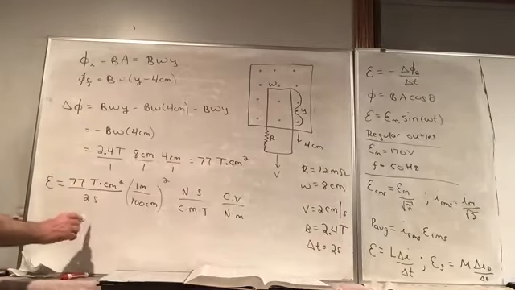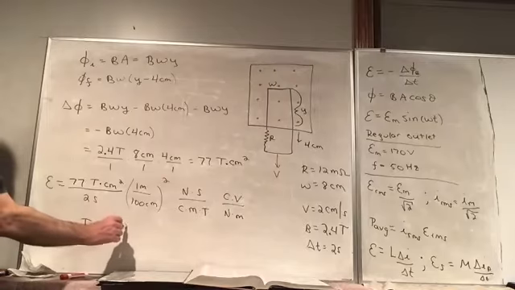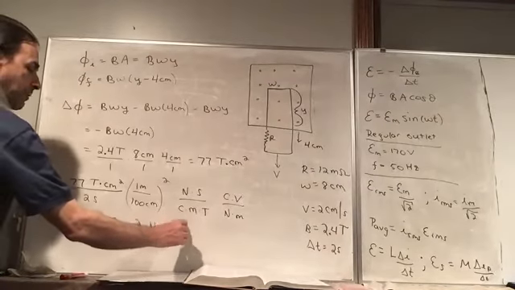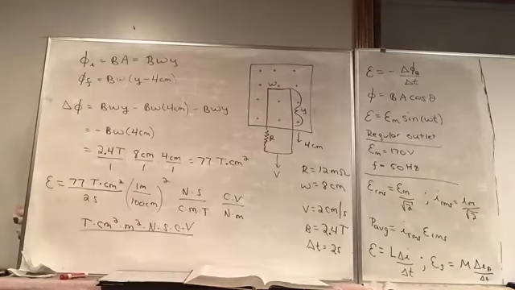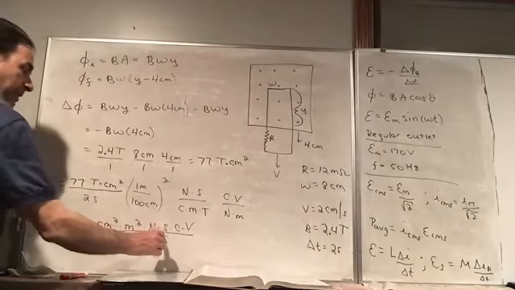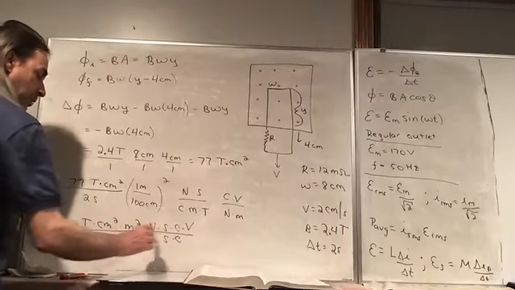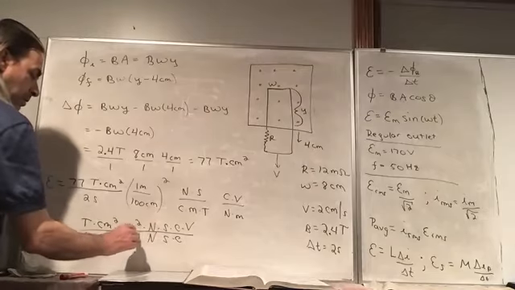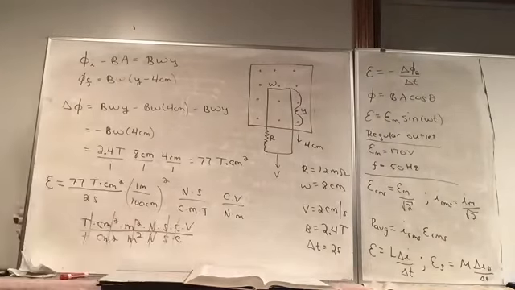Let's check. We have a Tesla, centimeters squared, meters squared, Newtons, seconds, coulombs, and volts. So hopefully everything will cancel out except for the volt at the end. Here we have a second, centimeters squared, Coulomb, meter, Tesla, Newton, and meters. So we are going to get volts out of this.